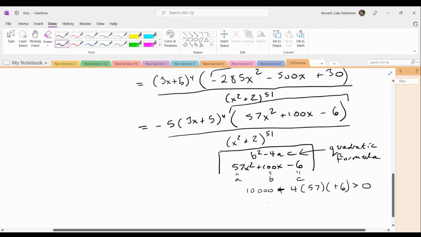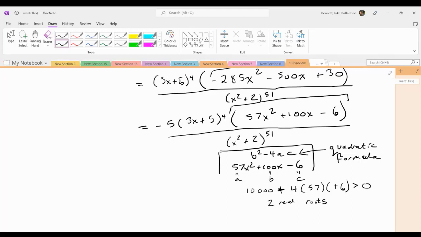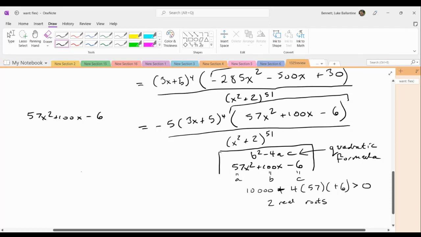So we have 2 real roots, and it's factorable into distinct linear factors. I don't know if it's going to be super pretty or really doable without doing the quadratic formula itself, which I kind of don't want to do. So maybe we can factor this 57x squared plus 100x minus 6.